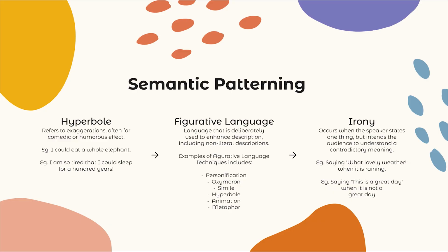And when we're identifying examples of semantic patterning, if you recognize a language feature and you know, for example, that it's a simile, label it a simile. But if you recognize that language feature as some semantic patterning and you're certain that it's figurative language, but you can't remember if it's a simile or a metaphor, then the strategic choice might be to label this language feature as figurative language.